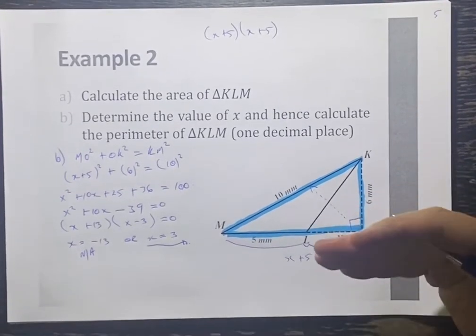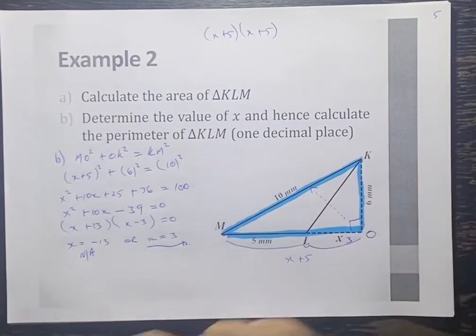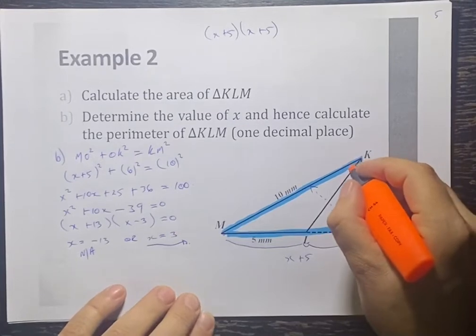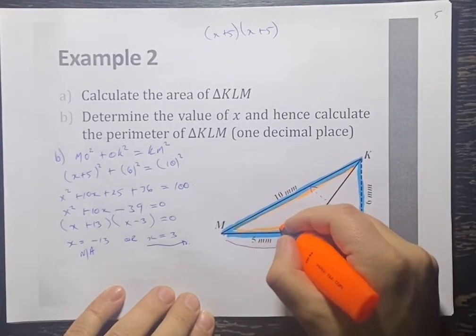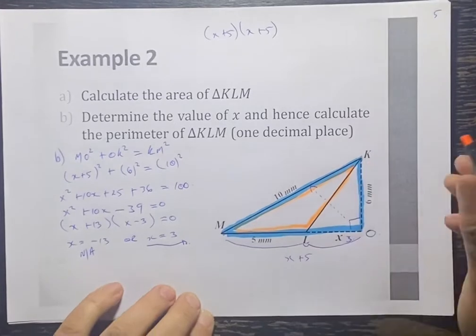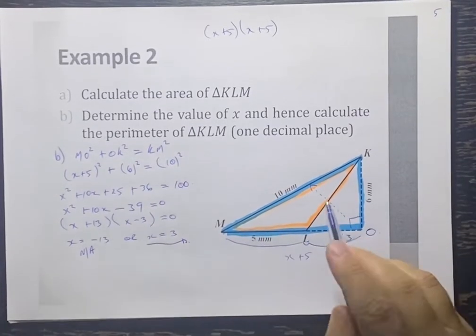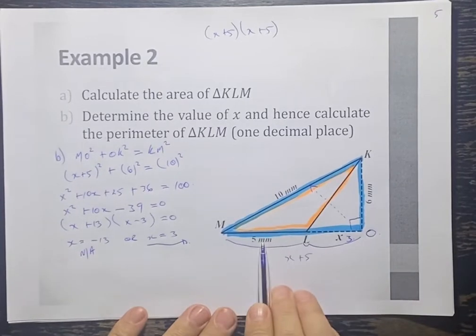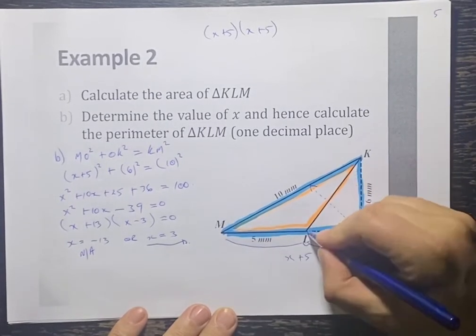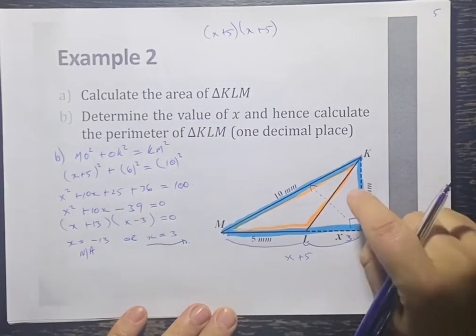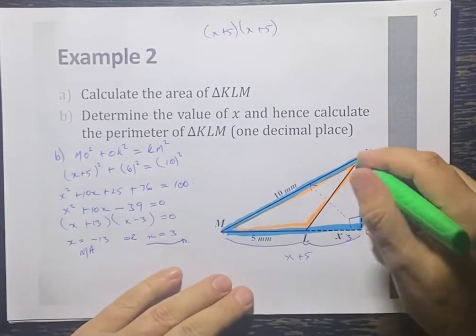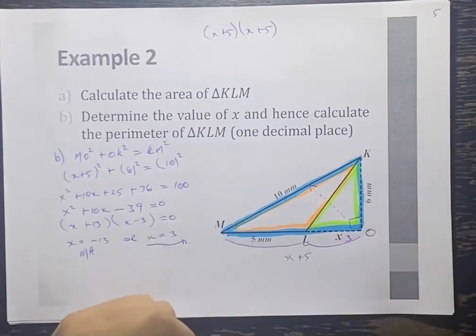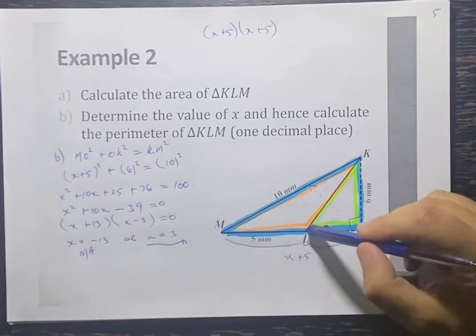Now, how is that going to help us find the perimeter of this triangle KLM? Because now we need to find the perimeter of this inside triangle. Okay, well, we have the length of KM, it's 10. We have the length of ML, it's 5. We're missing this length over here, this KL length. So if I look inside this triangle over here now, I can use Pythagoras to figure out what KL is.